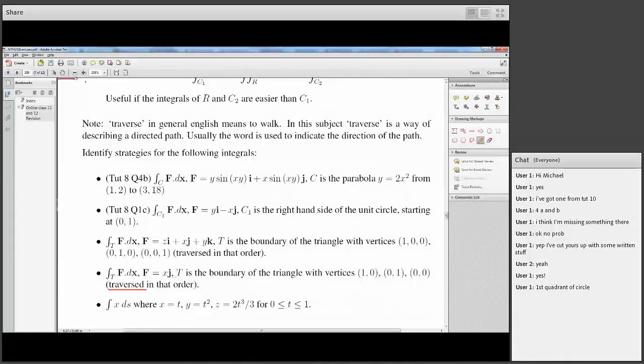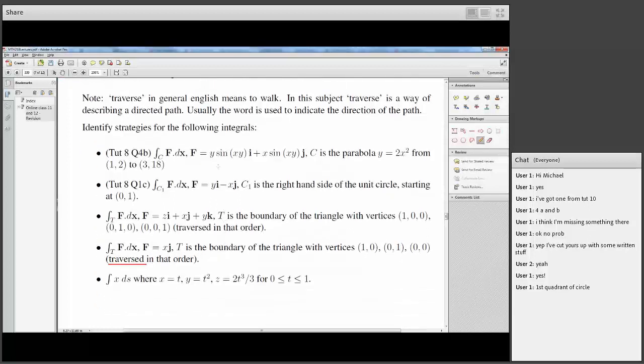I've got T as the boundary of a triangle with certain vertices. And you go, well, I've got two ways. I can walk around clockwise or anti-clockwise, essentially. And so to determine the direction the path is in, I use the word traverse in this case, to indicate the direction that it's been covered in. So in that order that's been given. So that's just a bit about traverse.